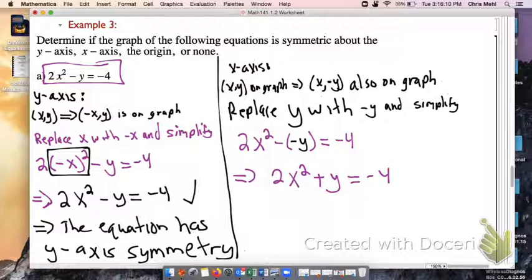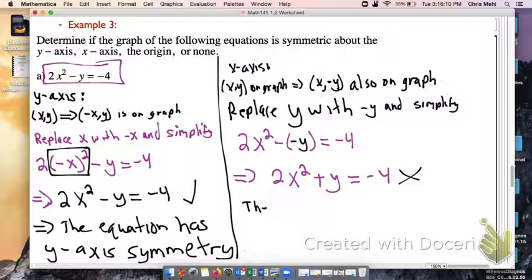There's no way I can simplify this equation. The right-hand side is negative 4, and there's no way to simplify the left-hand side to be 2x squared minus y. That is not the original expression; I didn't get the original expression back.